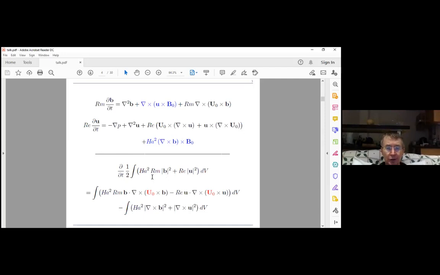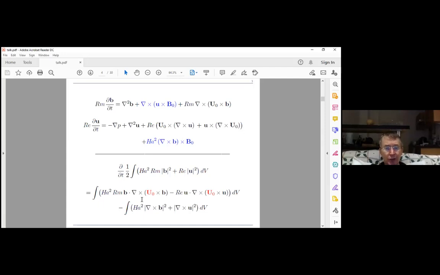Now, the interesting result that you get when you derive this energy equation is these two terms indicated in blue here. Those cancel out completely, and they do not contribute anything to your final energy balance. So in other words, these two terms allow you to convert energy back and forth between magnetic and kinetic energy, but they do not act as either a source or a sink of energy.